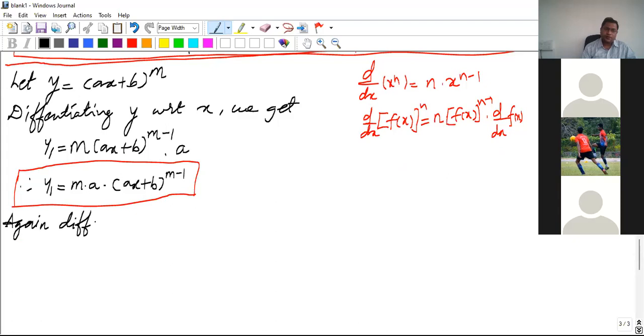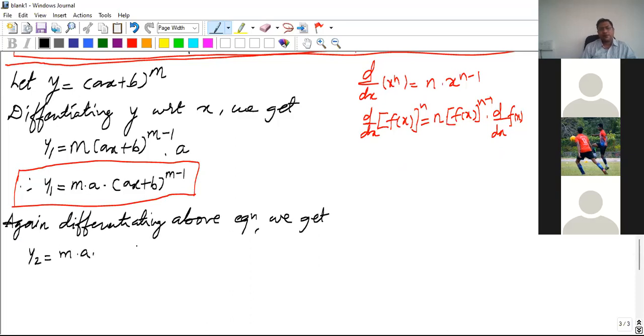Again differentiating the equation we get, so what will happen? y2 is equal to m, and a remains as it is. Then m minus 1 will come down, and you will have (ax plus b) raised to m minus 2. And again we have the derivative of ax plus b, which is a.